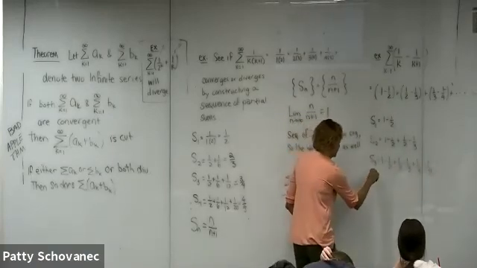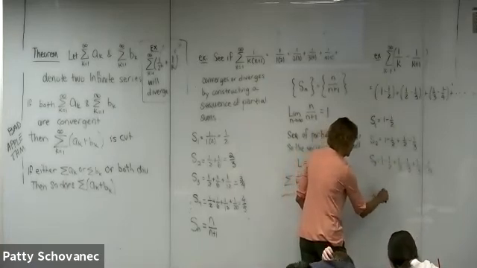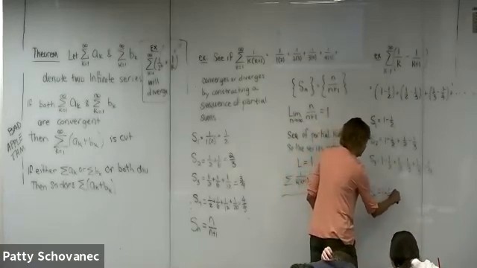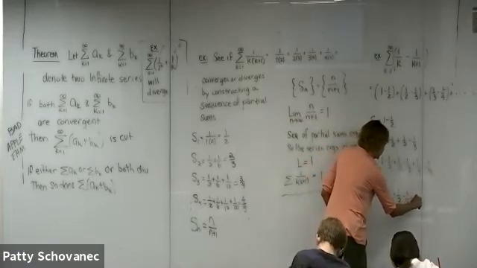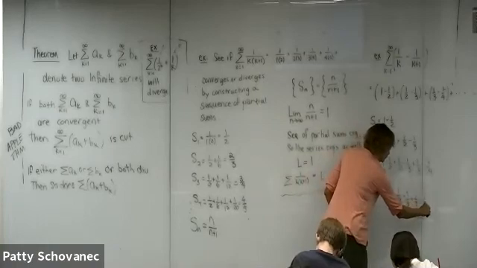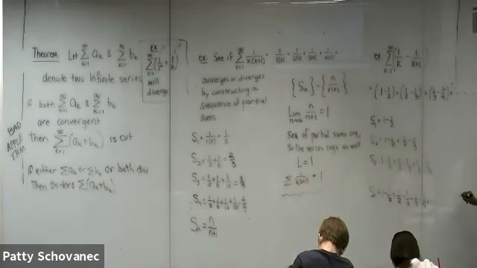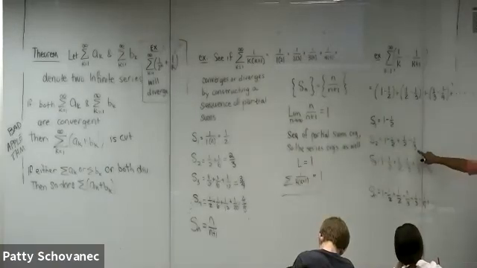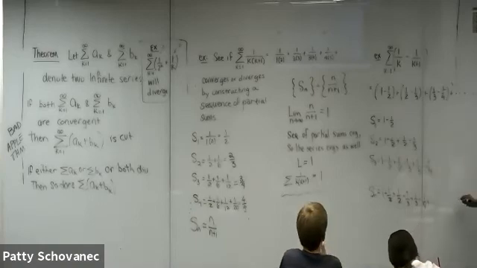So if you were to predict the pattern here, then Sn would have those on it, right? 1 minus a half, plus a half, minus a third, plus a third, minus 1/4. S3 had a minus 1/4 on the end, S2 had a minus 1/3 on the end, so Sn should have a minus 1 over n on the end.